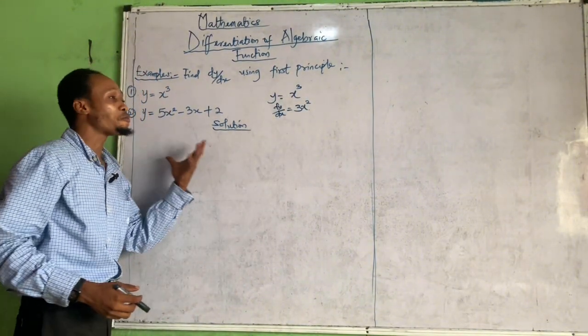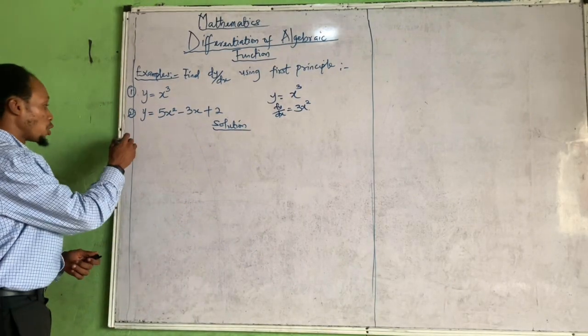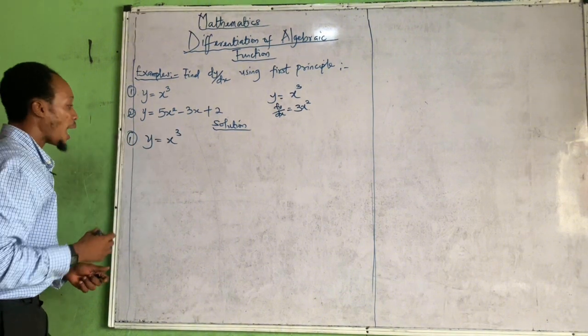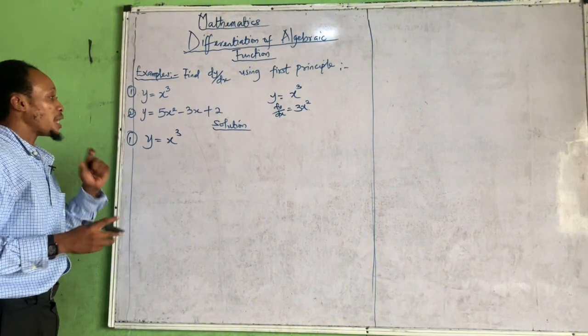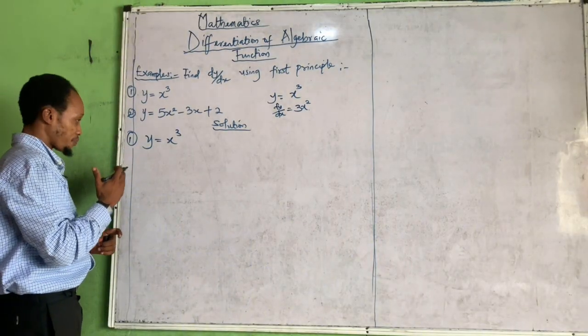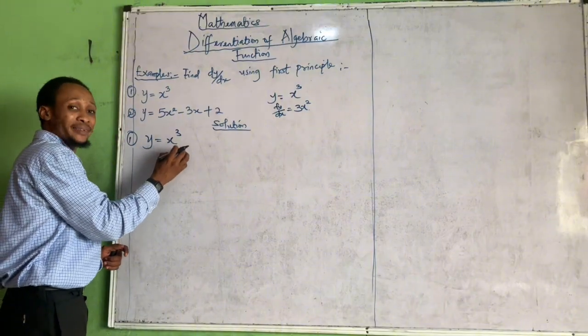But now we are using first principle to differentiate this. Follow me closely. Number 1, y equals x raised to the power of 3. In first principle, there's something we will do first, which is to attach delta y to y and delta x to x.